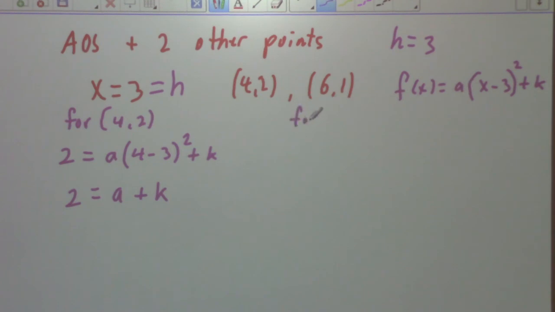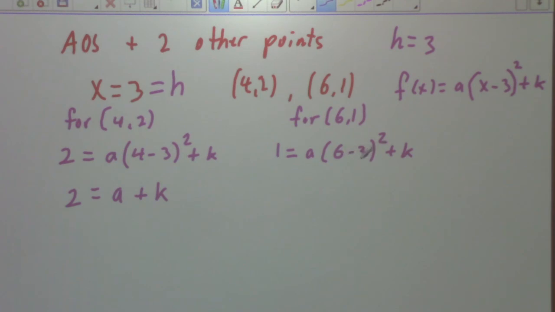So I'm going to write here below this for 6, 1. We're going to write that as 1 is equal to a, and we're going to have 6 minus 3 squared plus k.